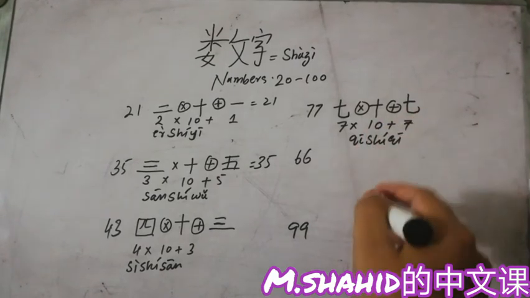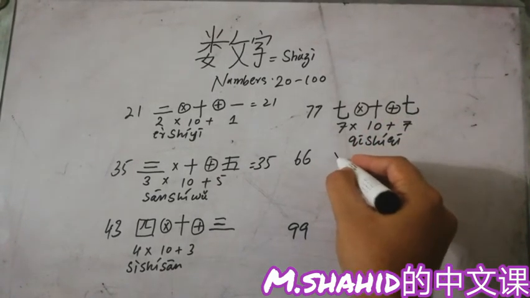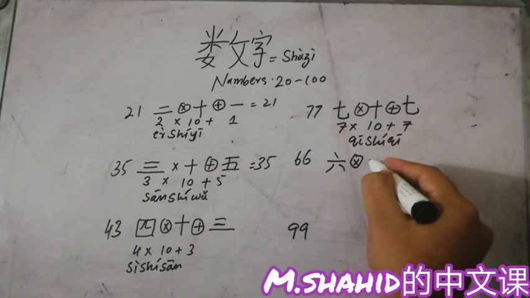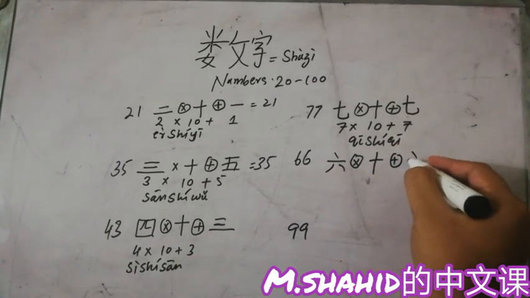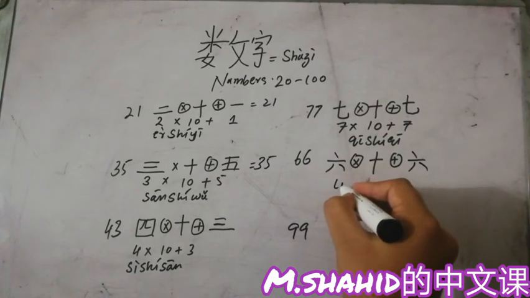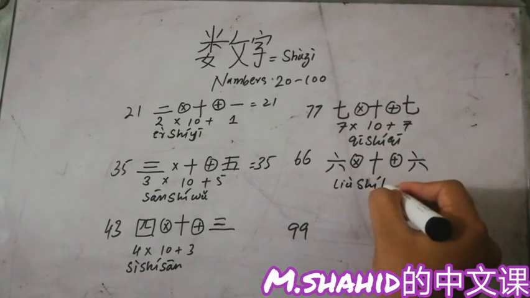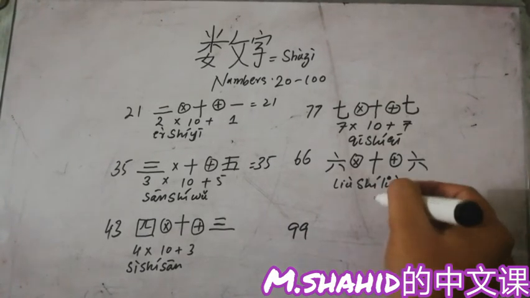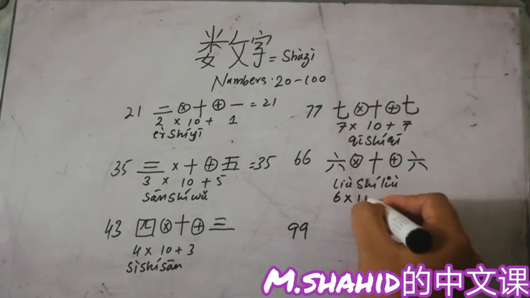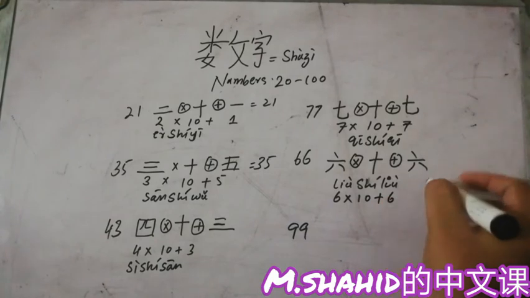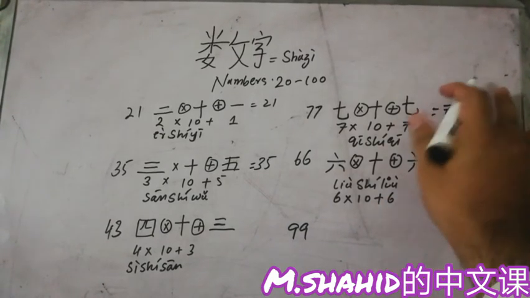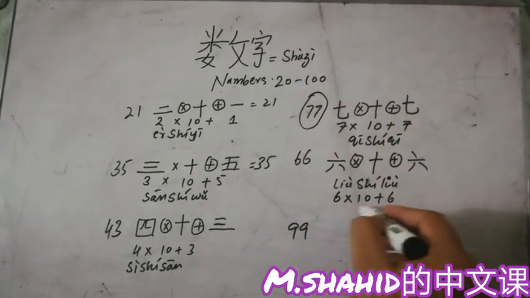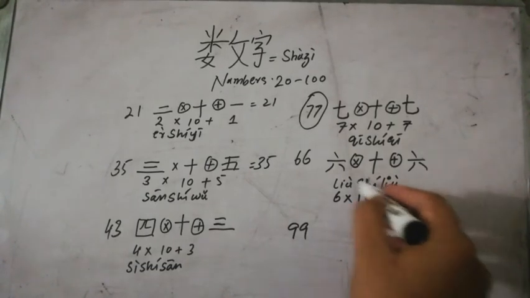And if you want to write 66, you multiply 6 with 10 and add another 6, so it is 66. 6 multiplied by 10 is 60, plus 6, 66.